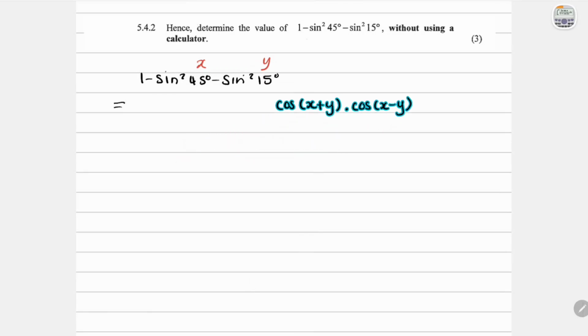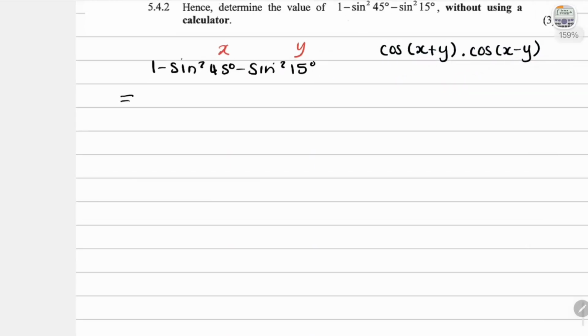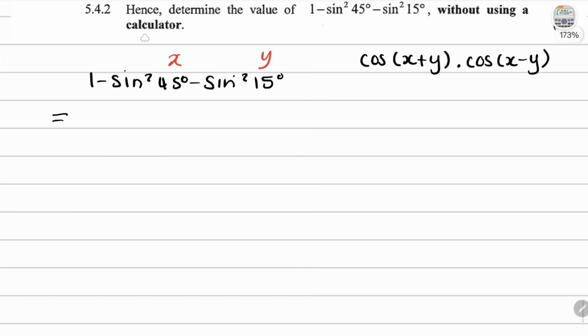So this one is actually equal to cos, and in place of x, we're going to say 45 degrees, plus y, which is 15 degrees. So plus 15 degrees, and then multiply by cos of 45 degrees minus 15 degrees.